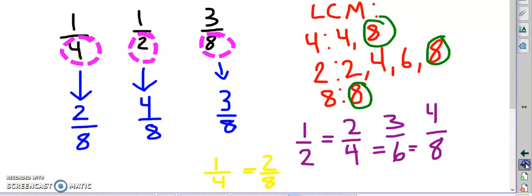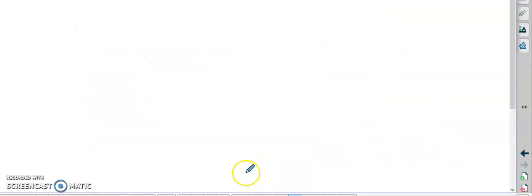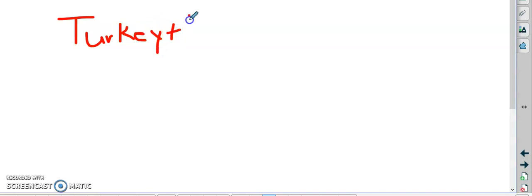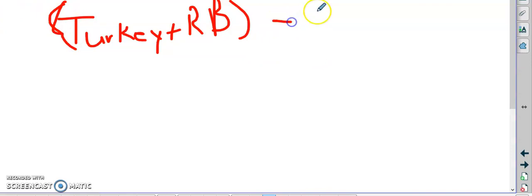So what we need to remember is we're going to take our turkey plus roast beef, whatever that number ends up being. We're either going to subtract it from the ham or the ham's going to subtract it. It depends on which one's bigger, but we're just going to write this over here for now. All right, so that's how we're going to solve that problem.